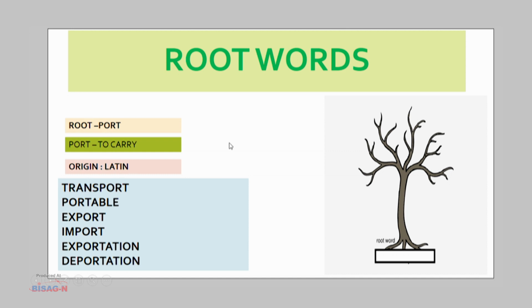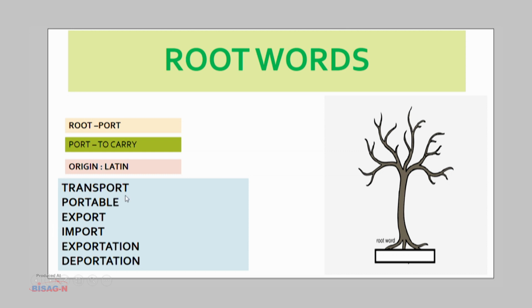Now, if any candidate understands that port means to carry, then from this root word, he can have understanding of all the words which are coming from this root word. Let's see the example: transport.